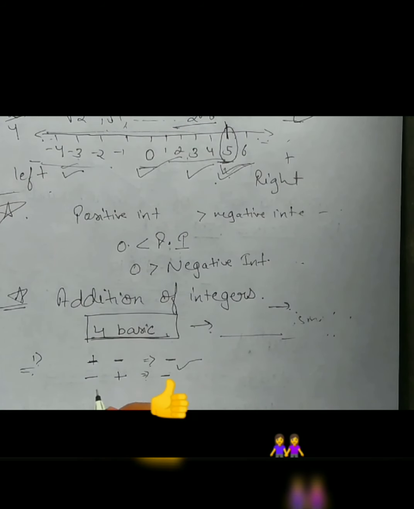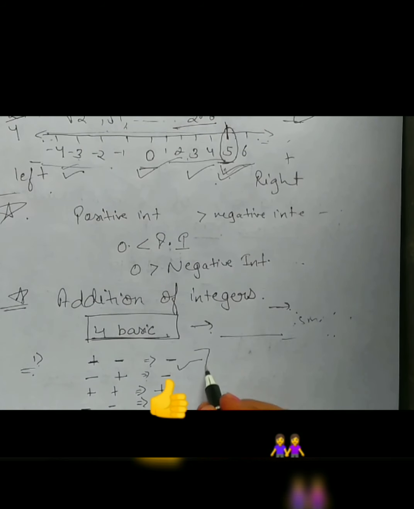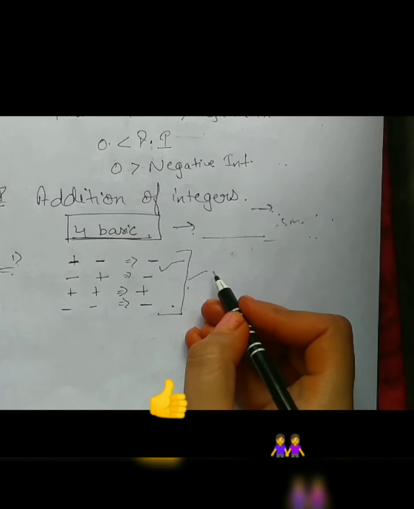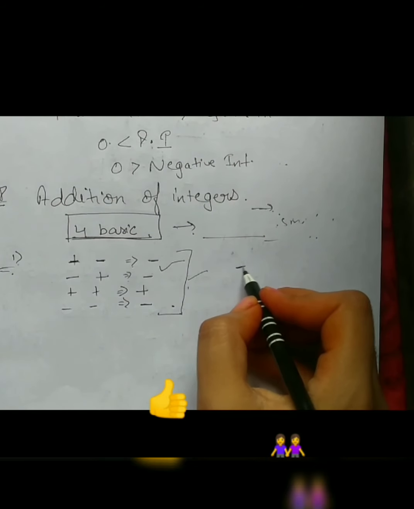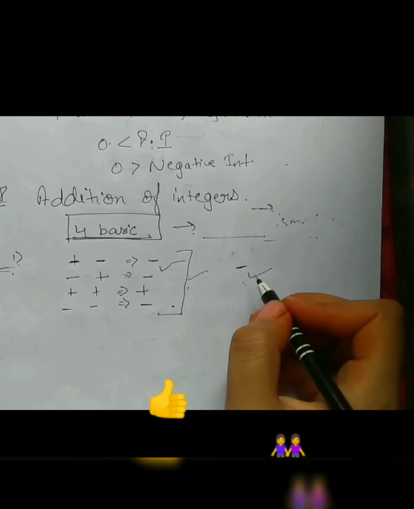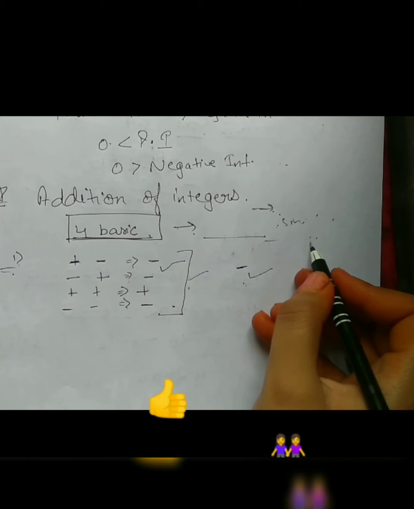When you have both the integers positive, the operation performed will be addition, and when you have both the integers negative, the operation performed here will be subtraction. So this is the operation we will perform using these signs. But the question arises, which sign will we use in our answer? The sign of the answer depends on the greater value in the question. This will be clear by doing further examples.